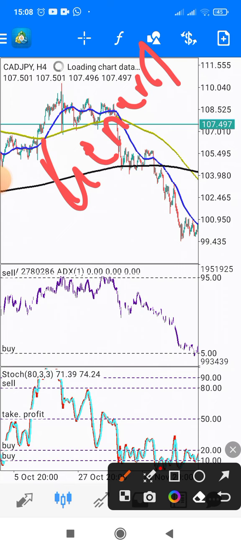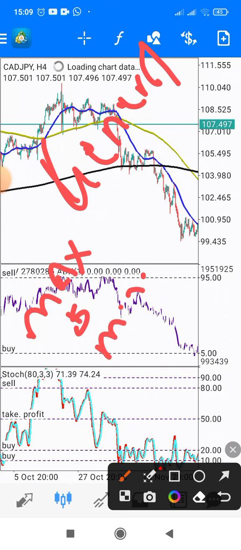Window 1 tells me when the market is at the highest point, maximum, and minimum points in the market.